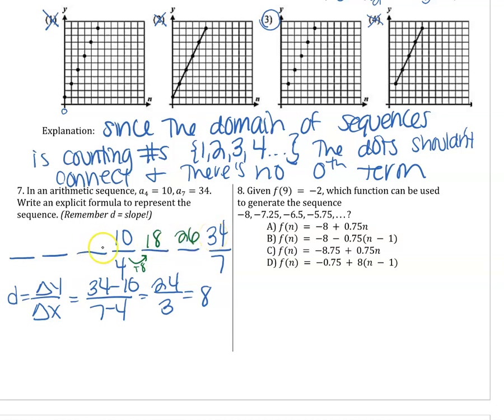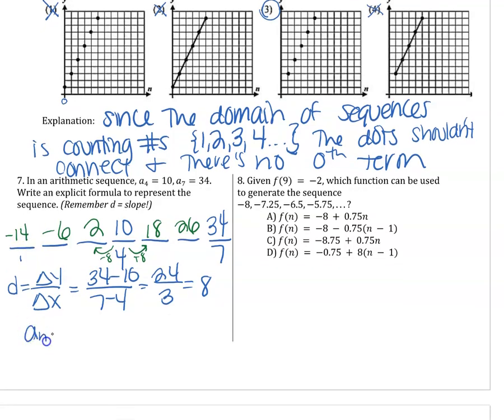Now let's work backwards too. By subtracting 8 to go in the opposite direction, this would be 2, -6, and then -14. Now it is important to always work backwards to finding your first term because you're going to need that for your explicit function. A sub n equals a sub 1 plus n minus 1 times d.